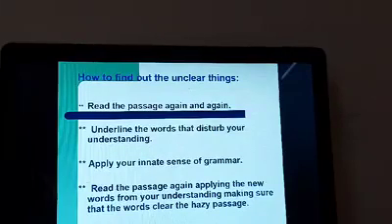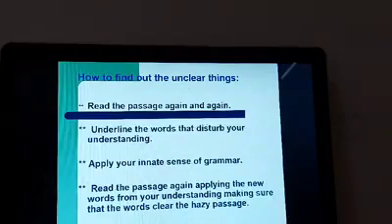So I am discussing it again: how you have to read the passage again and again, then underline the hazy pronoun or hazy expression or hazy and unclear word that disturbs your own understanding. Of course, apply your innate sense of grammar. Without applying your sense of grammar, mere use of words will disturb.